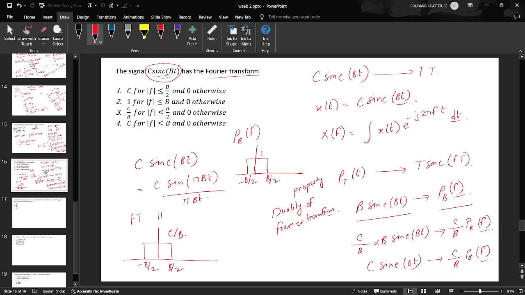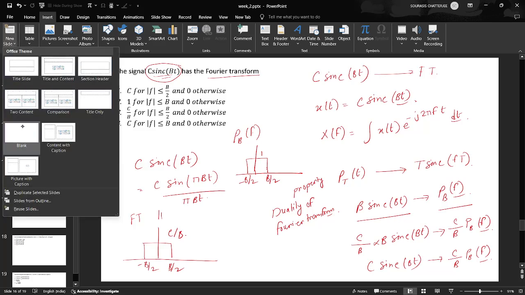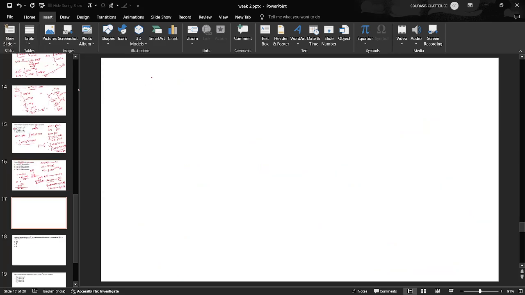Now we used here the duality property of Fourier transform. If we try to go the conventional way, let's try that also. So we have c sinc bt, that is c sin pi bt divided by pi bt, c over pi bt. I'm interested in the sine function.